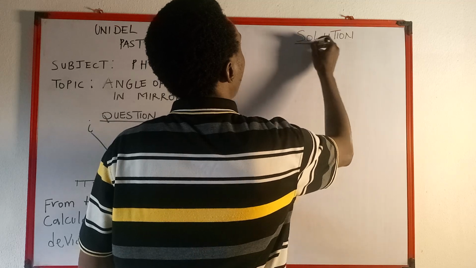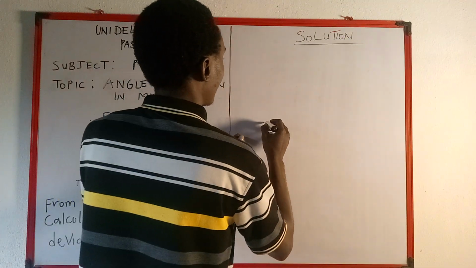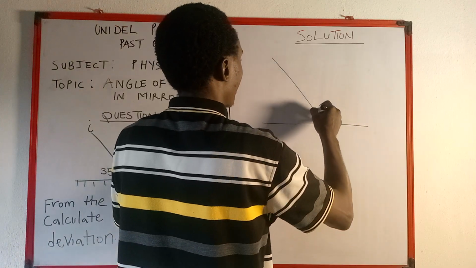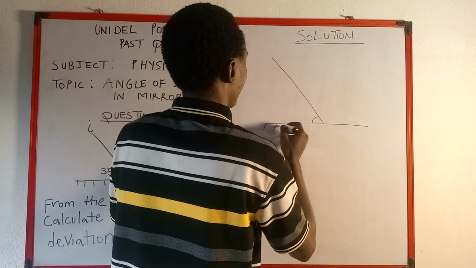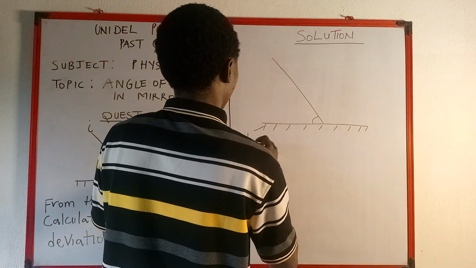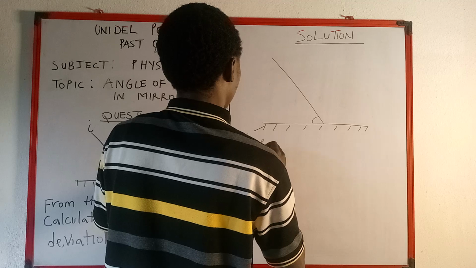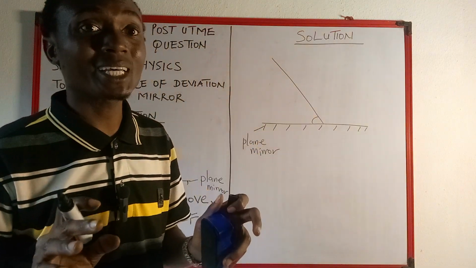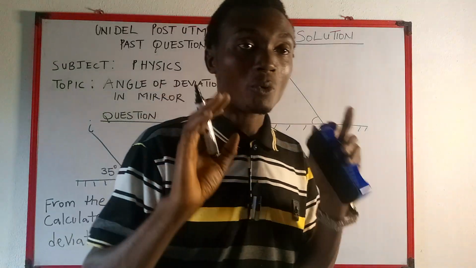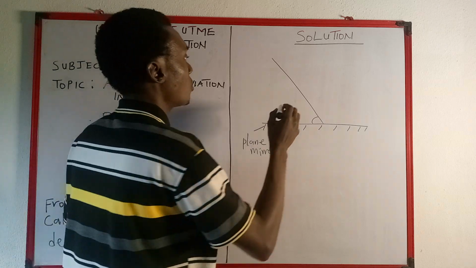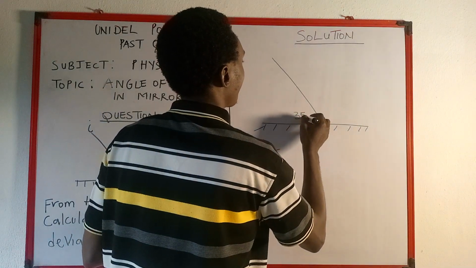So what we're going to do is redraw this diagram. Take notes, it's coming like this. This is the plane mirror. Since it's a mirror, there is bound to be reflection. One of the major applications of a mirror is reflection. So this is 35.